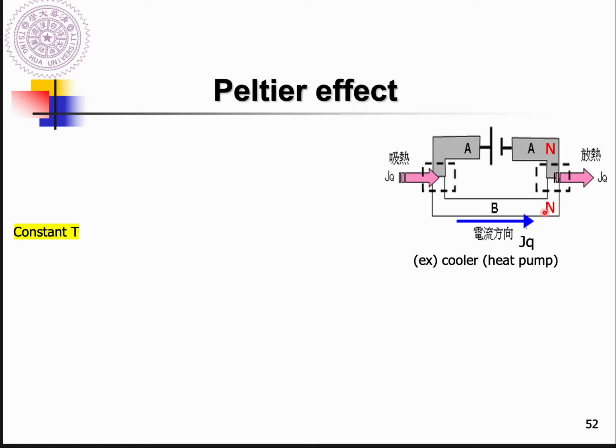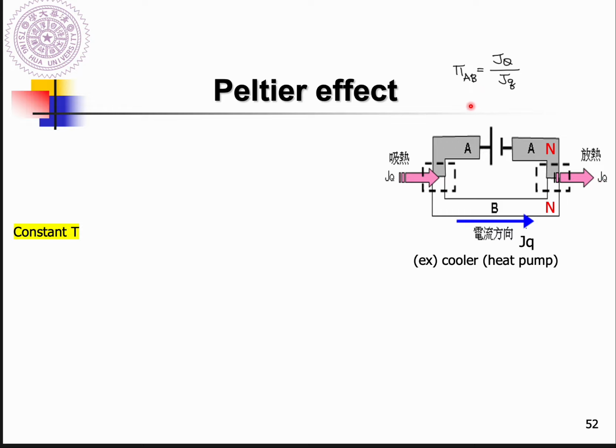Okay, so what actually is the Peltier coefficient π_AB? AB means this device composed of A and B. It was defined as how much heat this device can absorb from surroundings or release to the surroundings, per the electrical current we apply through this device.